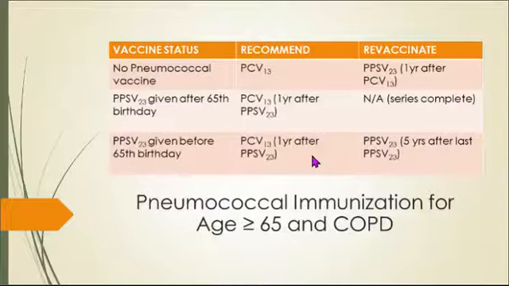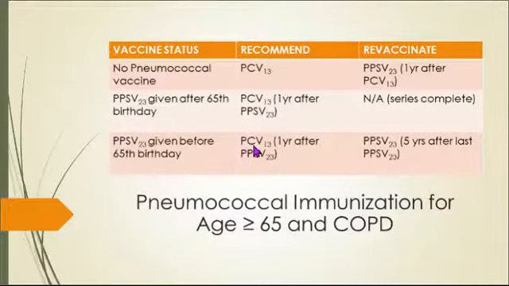So I recommend, if they've never had one, they should get this after the 65th birthday. If they have asthma, COPD, or some kind of lung disease, emphysema, smoker, they will get one before the age of 65 and one after they turn 65.